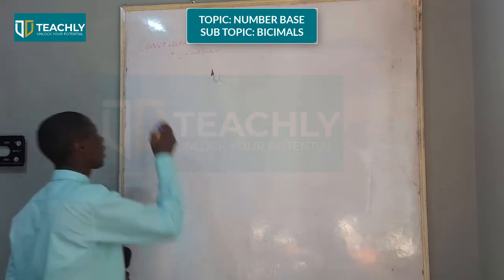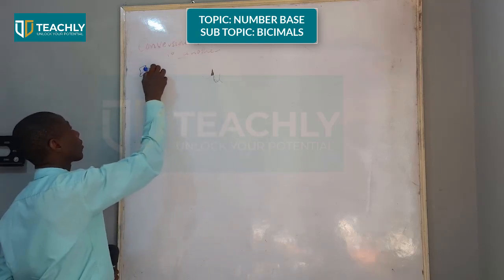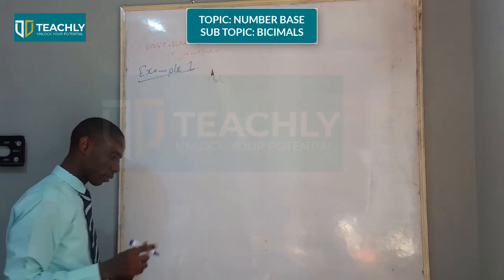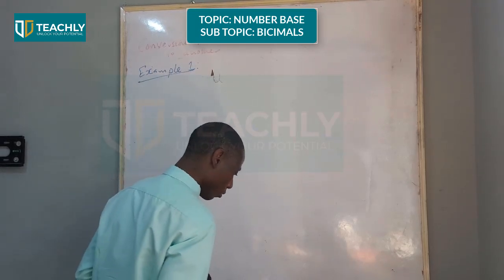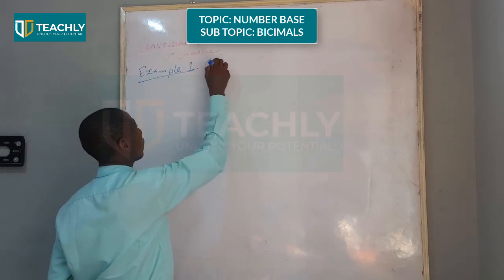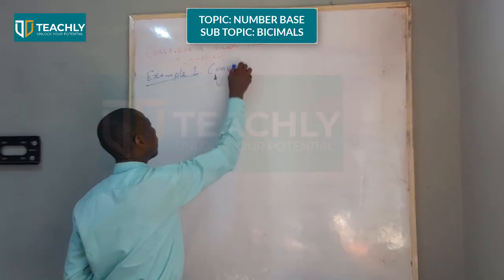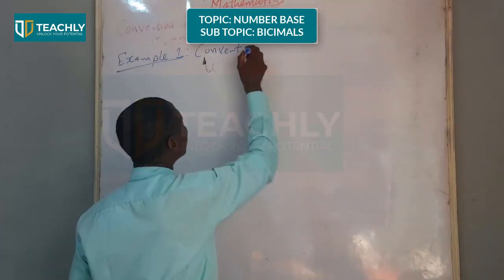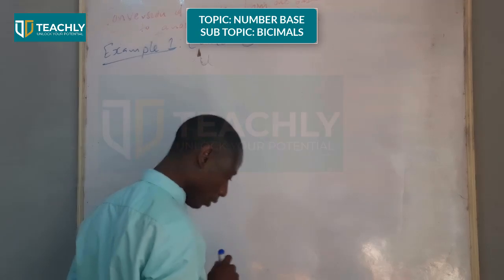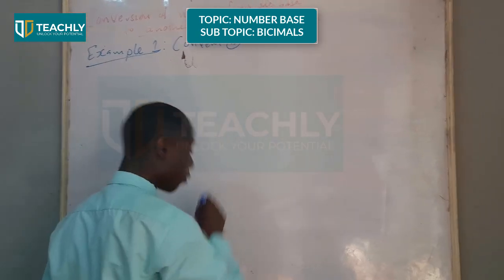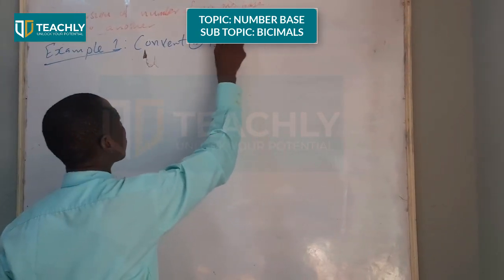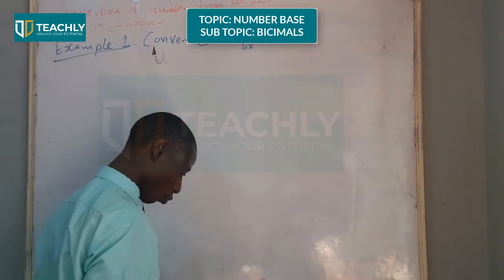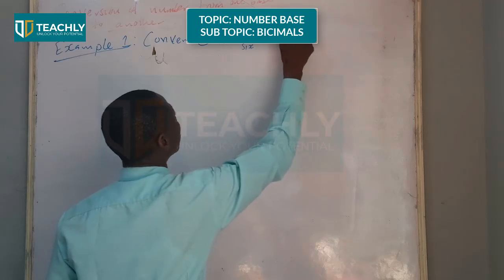Okay, let's quickly look at this example. Example 1. Here it says convert A, 1534 base 6 to base 8.